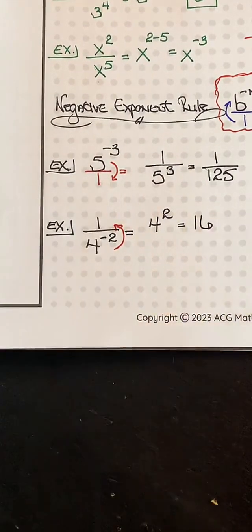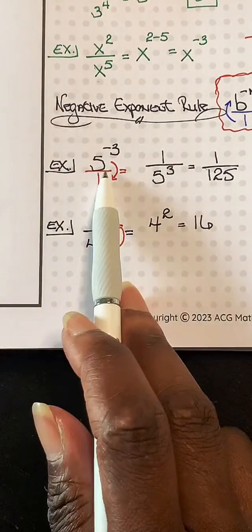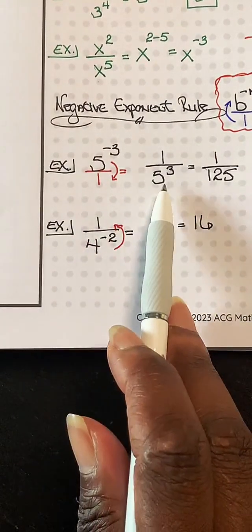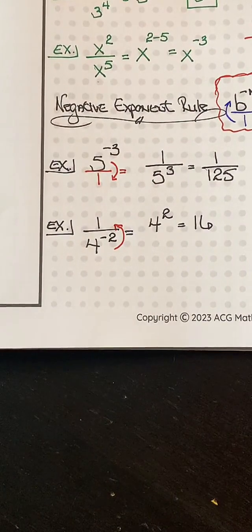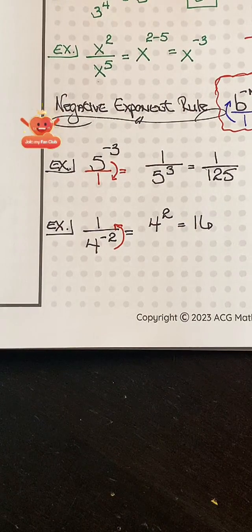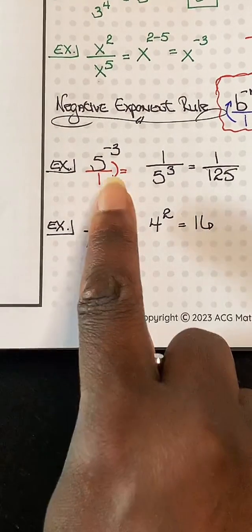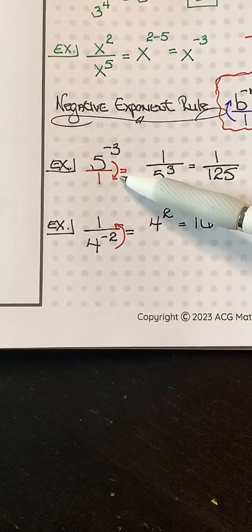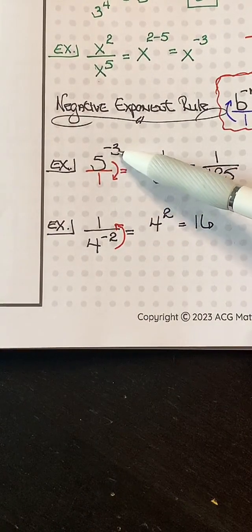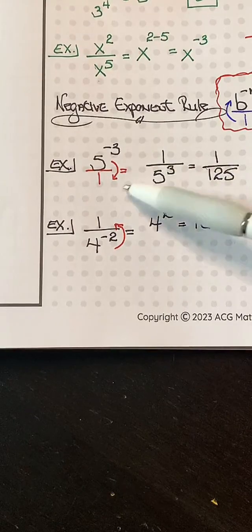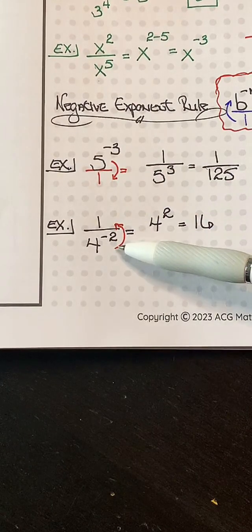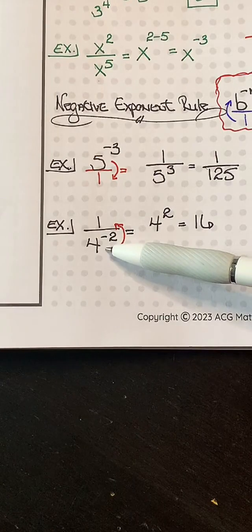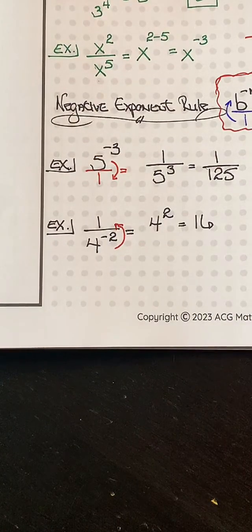If it's in the numerator, you drop it down to the denominator. By that drop or raise, you're changing the sign of the exponent. In the first question, the 5 with the negative third was in the numerator, so we dropped it down into the denominator. This one was already in the denominator, so we had to move it to the numerator.